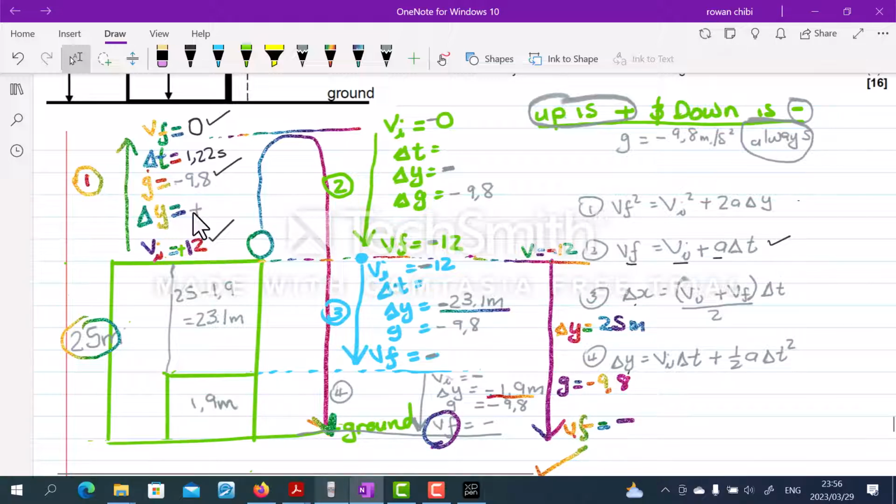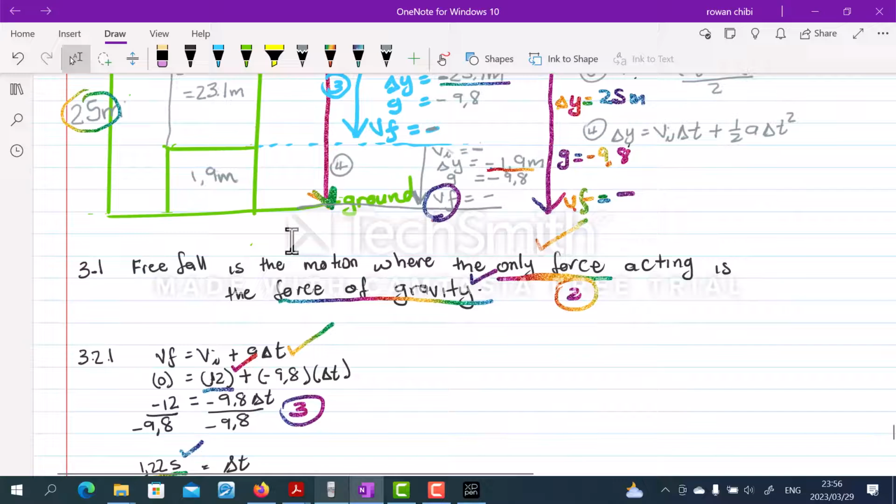So let's look for the formula that has these four things: the initial velocity, the final velocity, delta y, and g. I think the first one will work. We want v final, we do have v initial, we do have g, we do have delta y. So we can use the first formula.